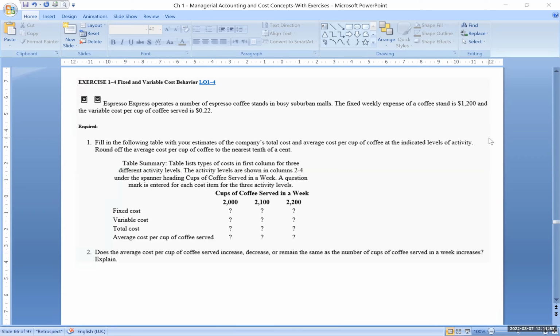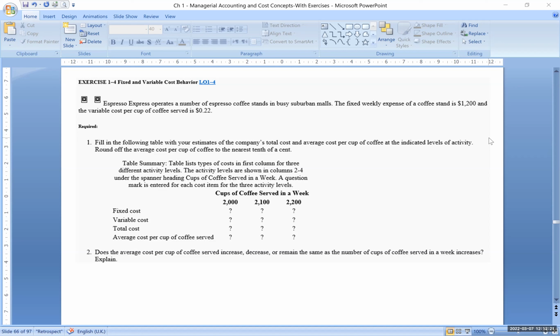Required: fill in the following table with your estimates of the company's total costs and average cost per cup of coffee at the indicated levels of activity. Round off the average cost per cup of coffee to the nearest tenth of a cent.